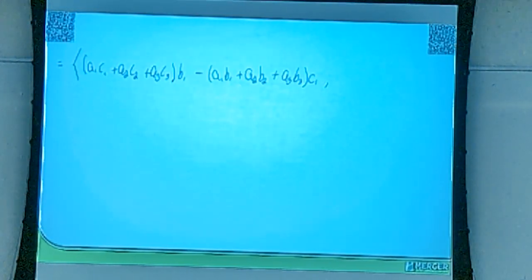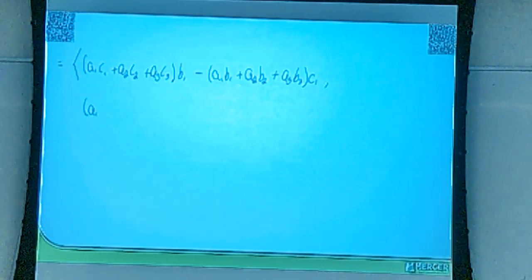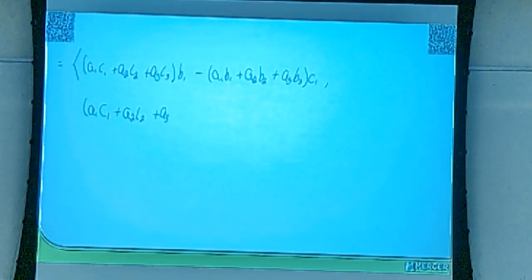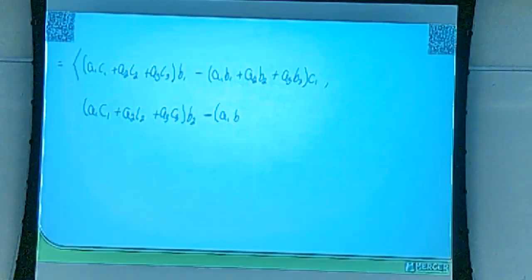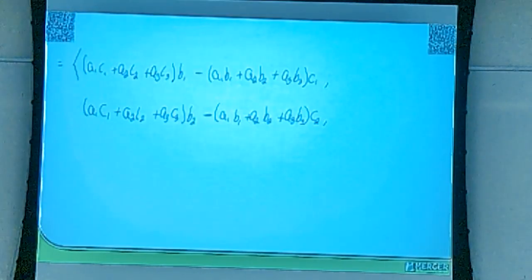It's going to be B2 and negative C2 for the second. And a B3, C3 from the third.